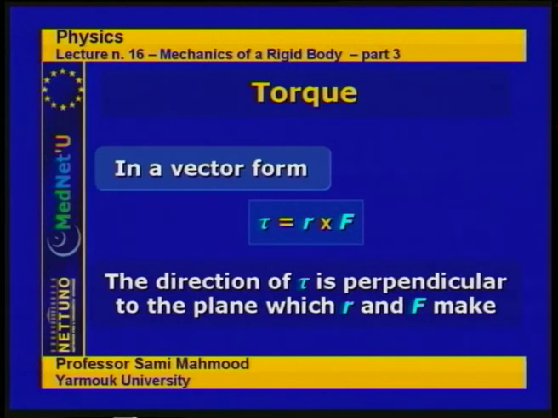But as we know, each plane has two perpendiculars, one pointing somewhere and the other pointing in the opposite direction, 180 degrees. So which is the direction of the torque? For example, for a horizontal plane, if the force and the radius vector, the position vector, lie on a horizontal plane, then the torque is expected to be perpendicular to that plane, which means up or down. That's the perpendicular to the plane.